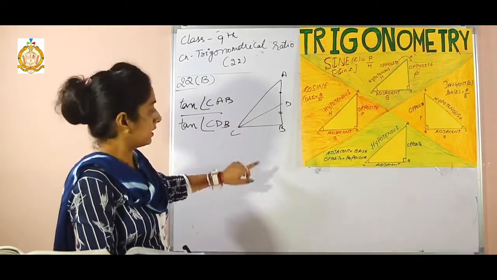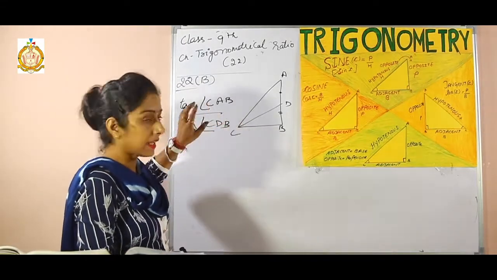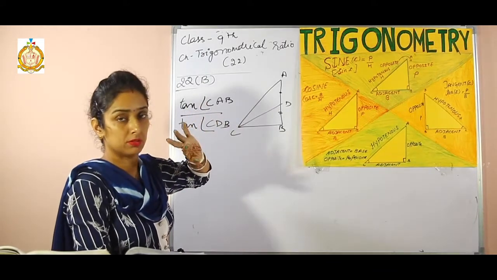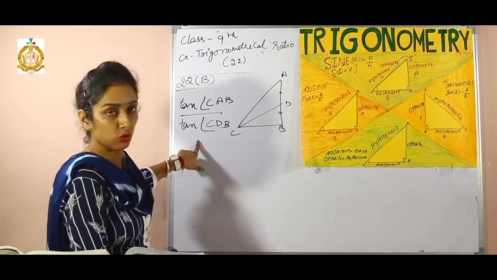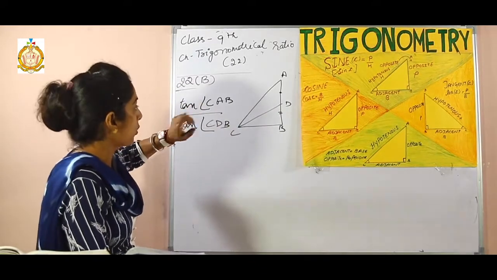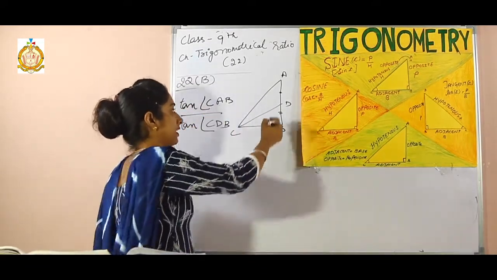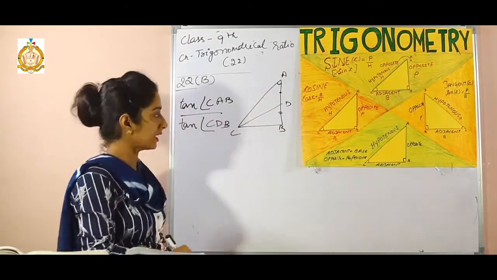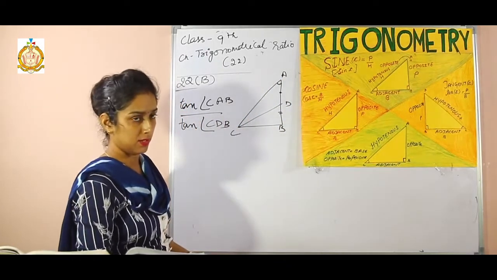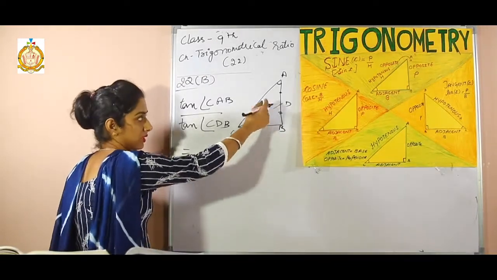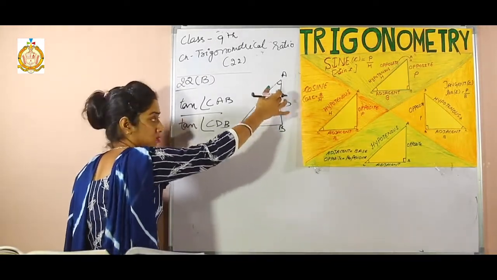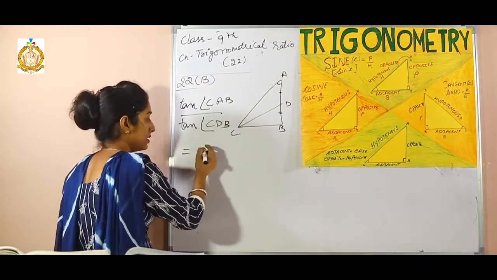Now students see, tan is what? P over B. Here is P over B, here is P over B. But the point is that first of all A is an angle. When A is an angle, then what is P? P is BC. If this is an angle, then this one is the perpendicular and this one is the base.